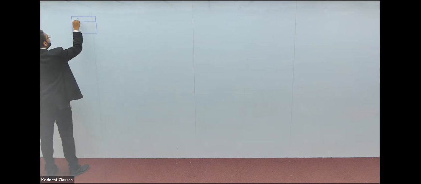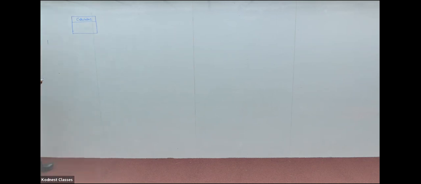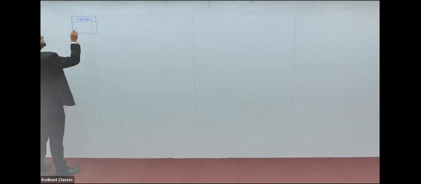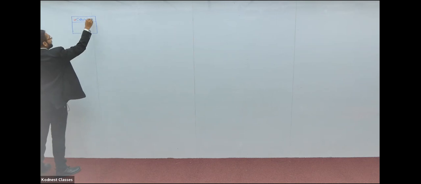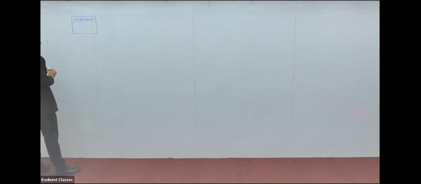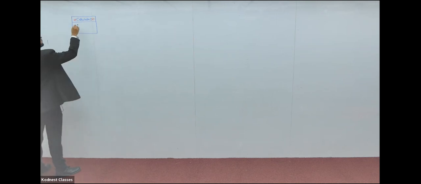Called Calculator1. How will it become an interface? In this, I have a method called add.